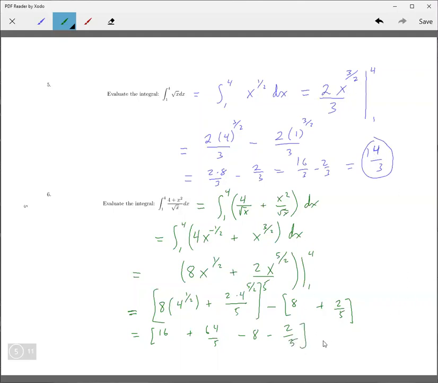And that turns out to be 102 over 5. Let me simplify that out. So 102 over 5.